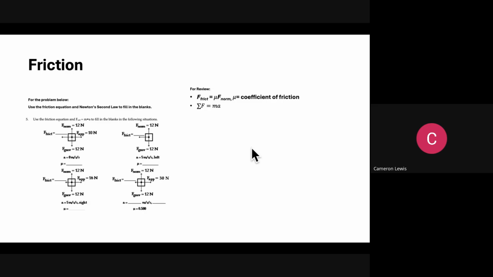When we talk about sum, we're talking about what operation? Addition or subtraction? The sum of the forces is mass times acceleration, which is 6. So it's 16 minus the friction, which gives us what? 16 minus 6 gives us 10.